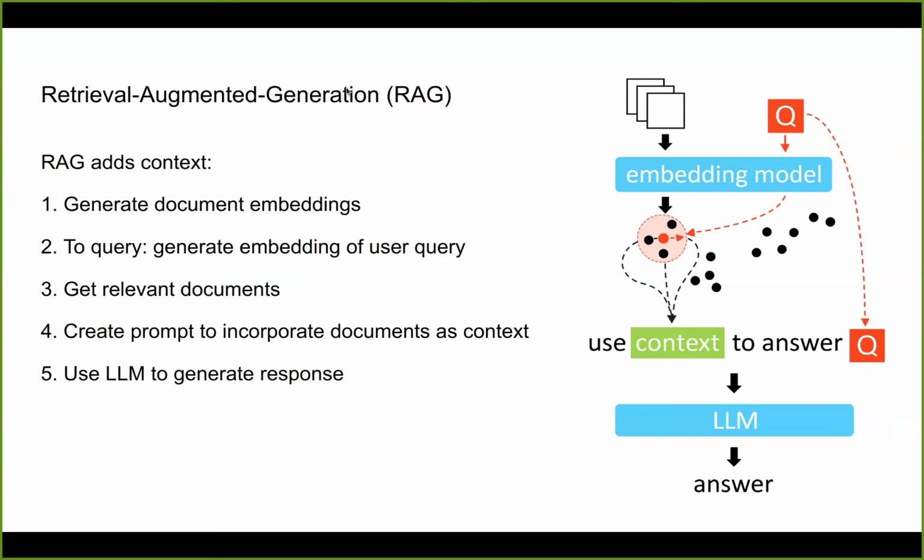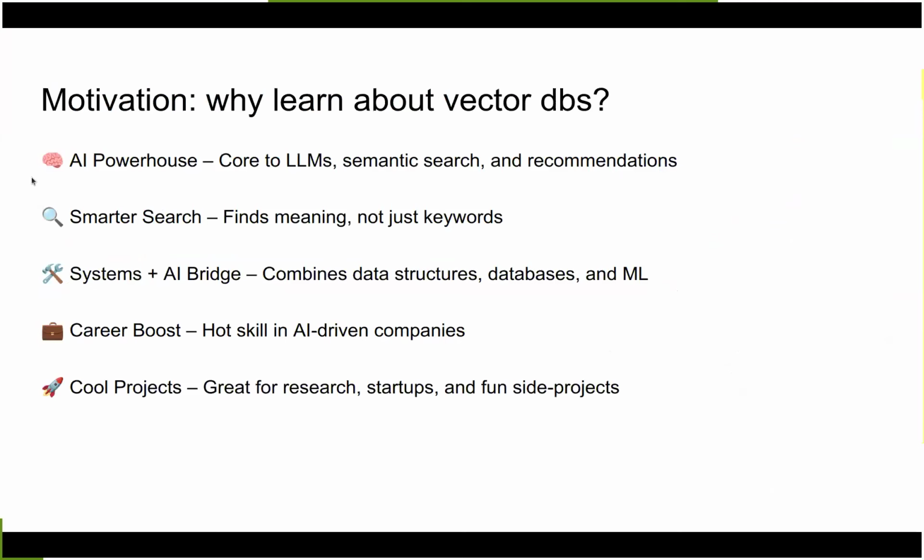Okay, let's speed up then. So again, just quickly to give you a motivation to learn about vector databases. It's very useful right now in AI. It's core to LLMs. I don't know if you guys use Cursor or not. Cursor is basically a fork of VS Code, which is using AI beside your day-to-day development as developers, and the basis of that is basically a vector database.